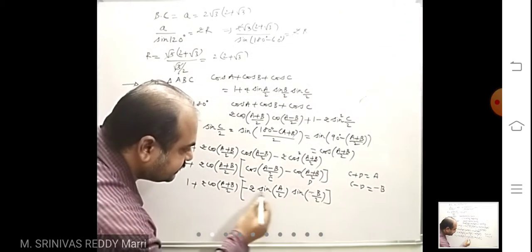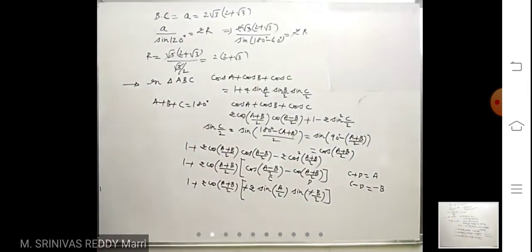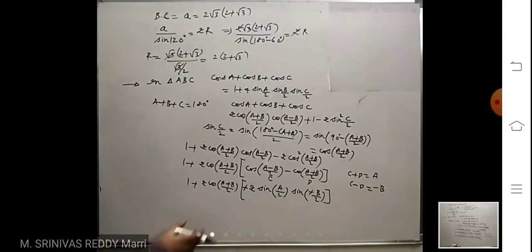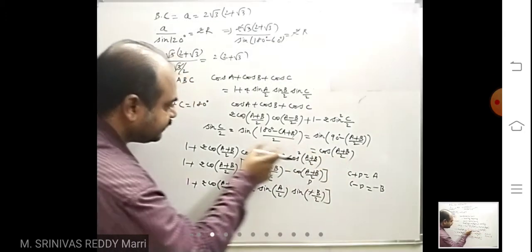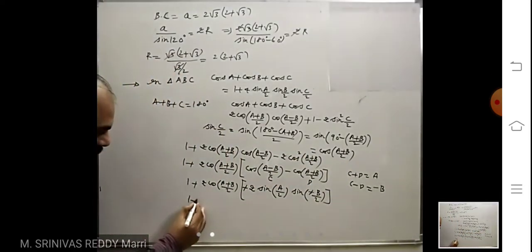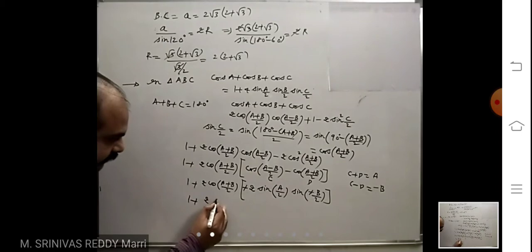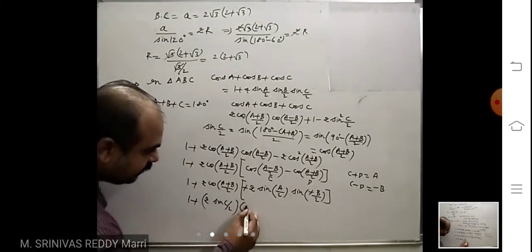Sine of minus theta is nothing but minus sine theta. This minus will get cancelled. Now cos of A plus B by 2 is sine C by 2. Therefore you will get 2 sine C by 2, into the rest.